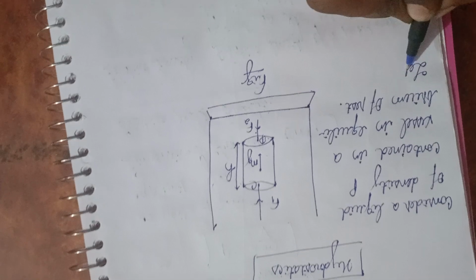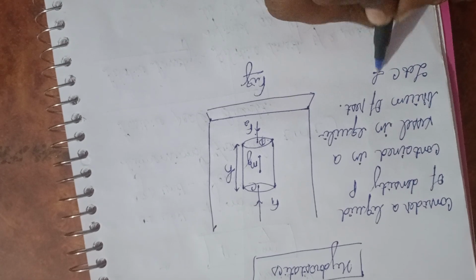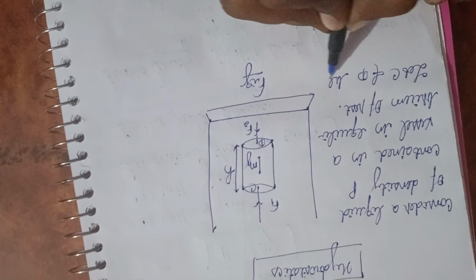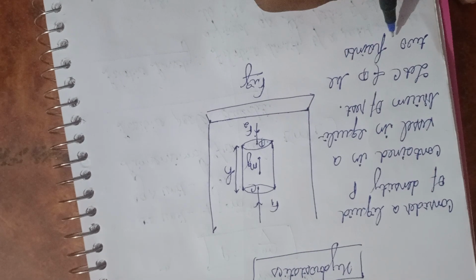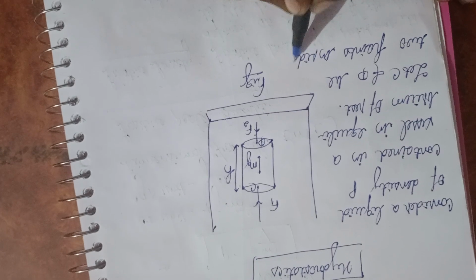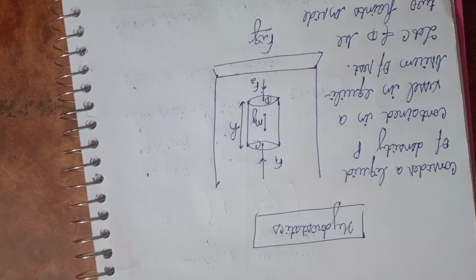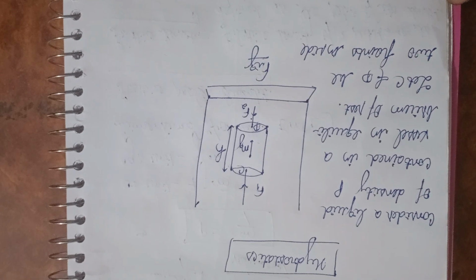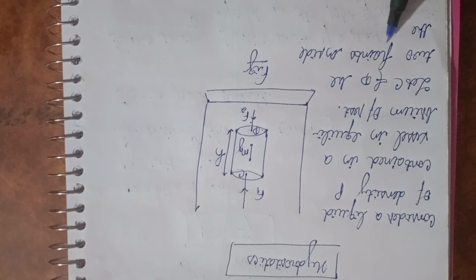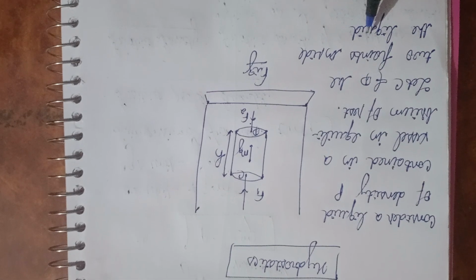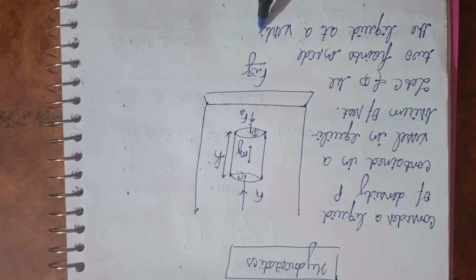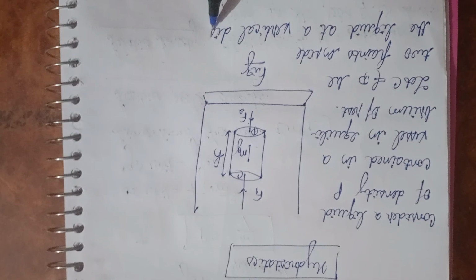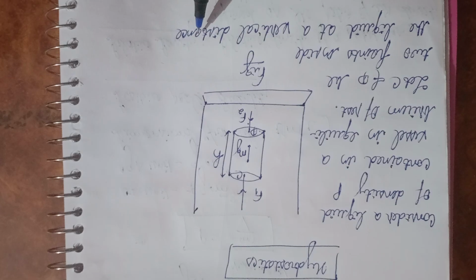Let C and D be 2 points inside the liquid at a vertical distance h.